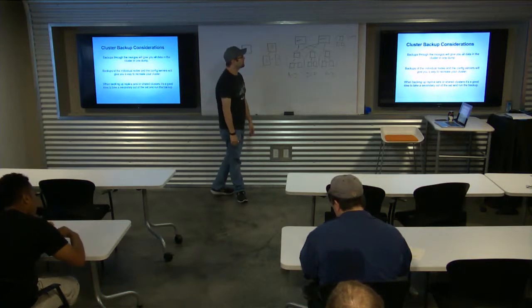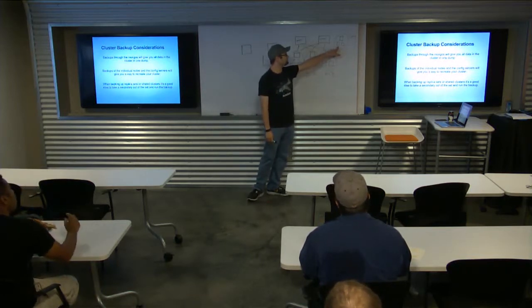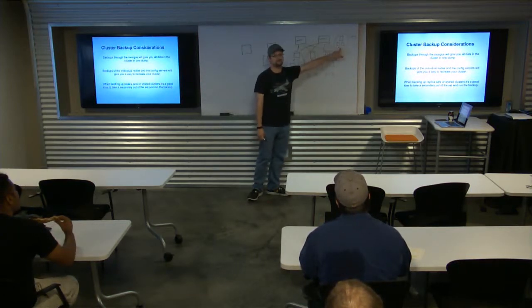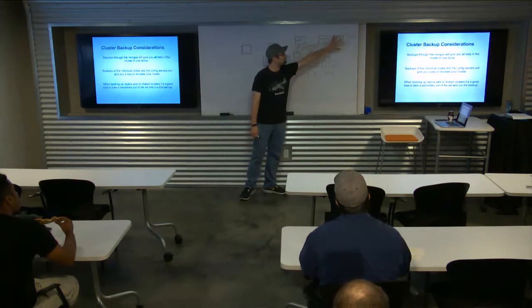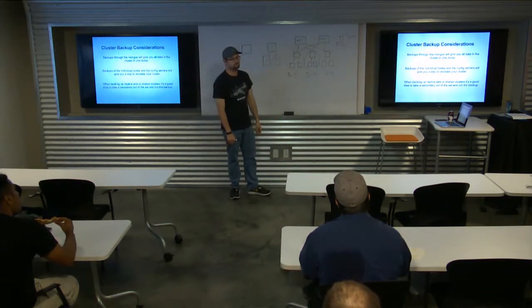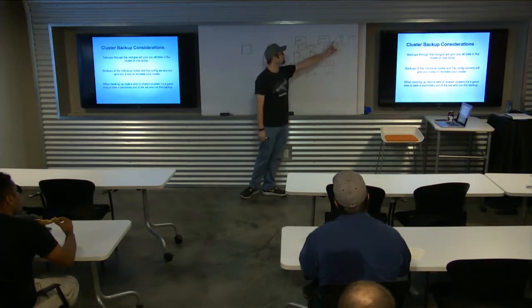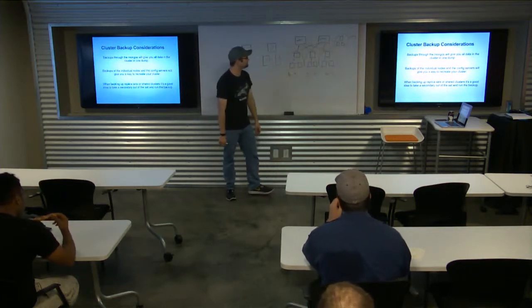So after a little bit of research, I found out if I take one of these out, there's no more writes. No writes of the config are going to be done. So I said, okay, that's kind of like locking. I take one of these out, back up the config.